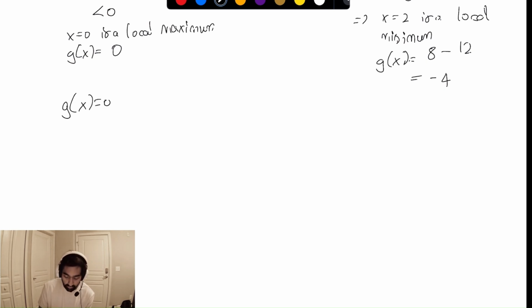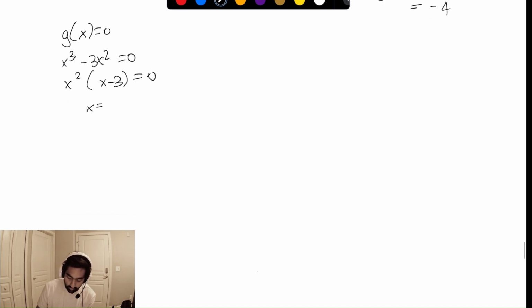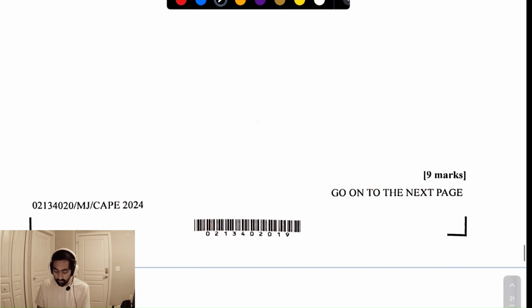So g of x equals 0, that is x cubed minus 3x squared equals 0. And that's the same thing as factoring x squared times x minus 3 equals 0. And therefore it's x equals 0 like we saw before, and also x equals 3. So we have the important information that we need.